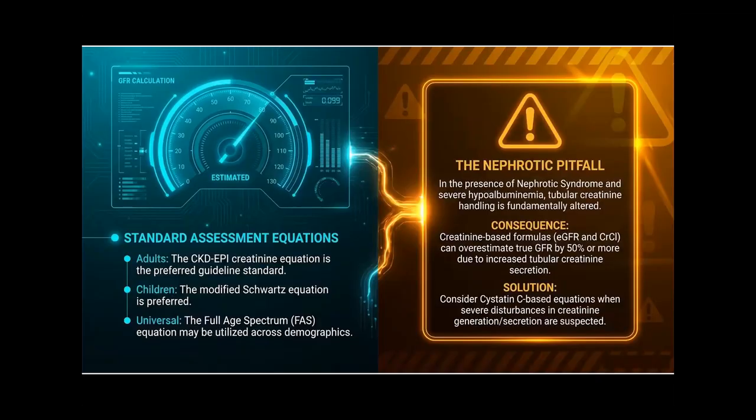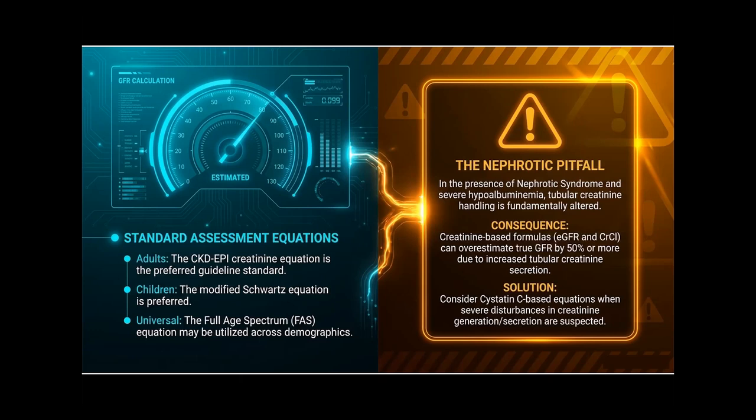Now, look at the standard assessment. What do I do? CKD-EPI creatinine equation. Earlier we used to take the creatinine and put it in the eGFR using the MDRD equation or the Cockcroft-Gault equation. Now there is another methodology called the CKD-EPI creatinine equation, which is preferred to convert the creatinine into eGFR, or the modified Schwartz equation is also preferred.